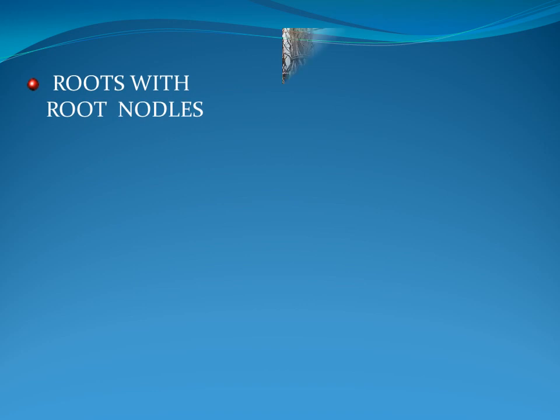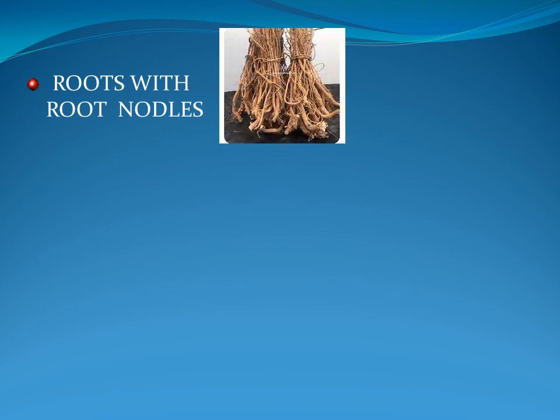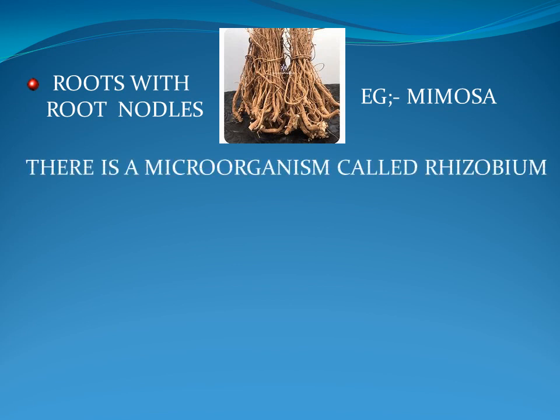So the next one is root nodules. I think this is a really nice feature, and the name is also very common to you, that's the funny name. Examples are mimosa. There is a microorganism called Rhizobium. Rhizobium is a microorganism found in plants with root nodules.